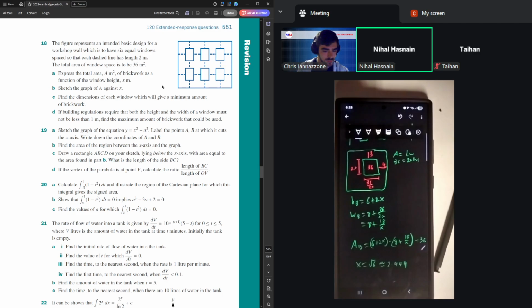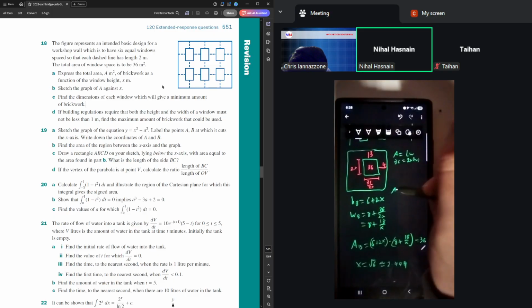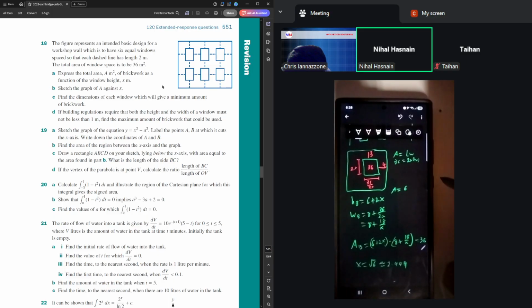All the windows together is 36 square meters. Yep. So 6 of them will be 6 square meters each. Yep, area of each individual one. And as we know the height is square root of 6, you can just divide 6 by the square root of 6, which is square root of 6.